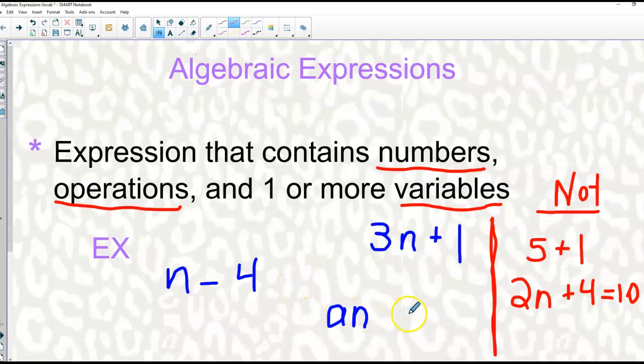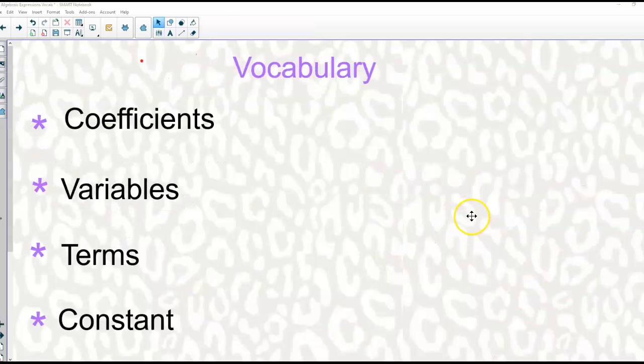It can't equal 20 or 40 or whatever. The number 5 would not be an algebraic expression. We don't see an operation, and I don't see a variable here. So remember, an algebraic expression has to have three parts: numbers, operations, and variables.